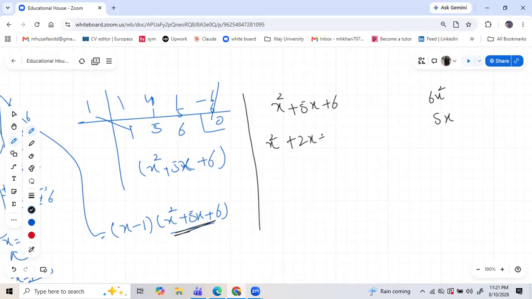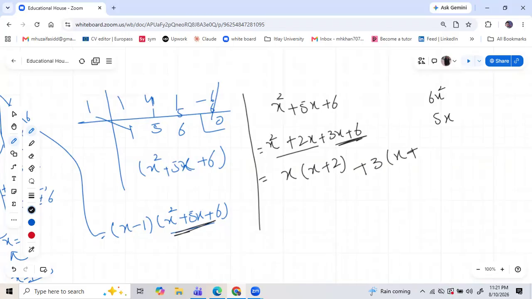This is 2x, this is 3x, and this is plus 6. From here, we take x as common, so x plus 2. If we take plus 3 as common, it gives us x plus 2. So again, we take x plus 2 as common, and we get x plus 2 and x plus 3.